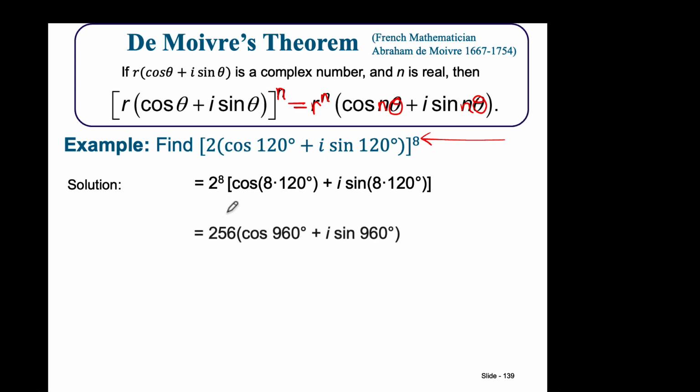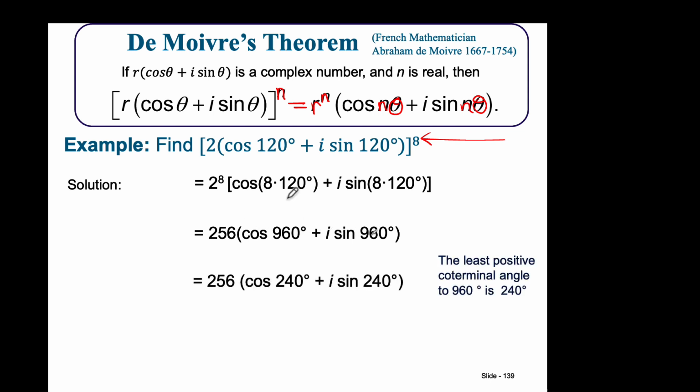That becomes 256 cosine of 960 plus I sine 960. We can find the least positive coterminal angle, so instead of working with 960, subtracting out multiples of 360 gives us the least positive coterminal angle of 240.